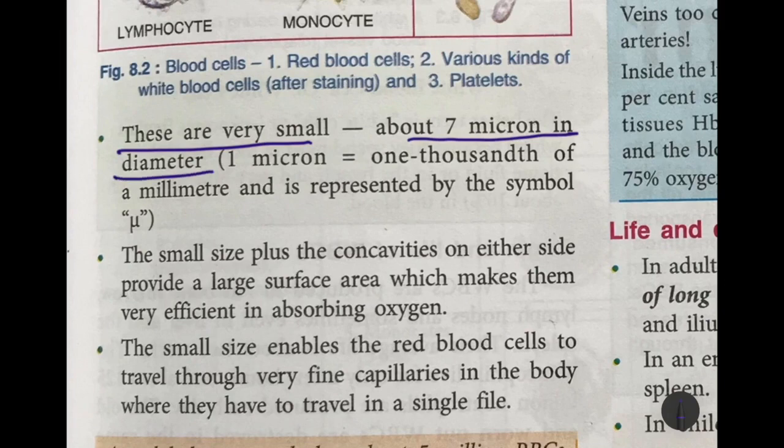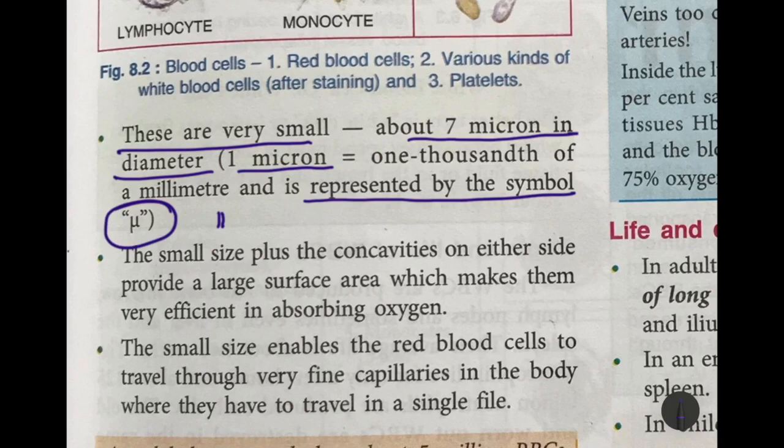When we talk about a micron, you need to divide 1 millimeter, the smallest part in your ruler. 1 centimeter is made up of 10 millimeters. So you divide 1 millimeter into 1000 parts, and the diameter of a red blood cell is 7 out of that. So you can imagine how tiny it is. Micron is represented by the symbol mu.